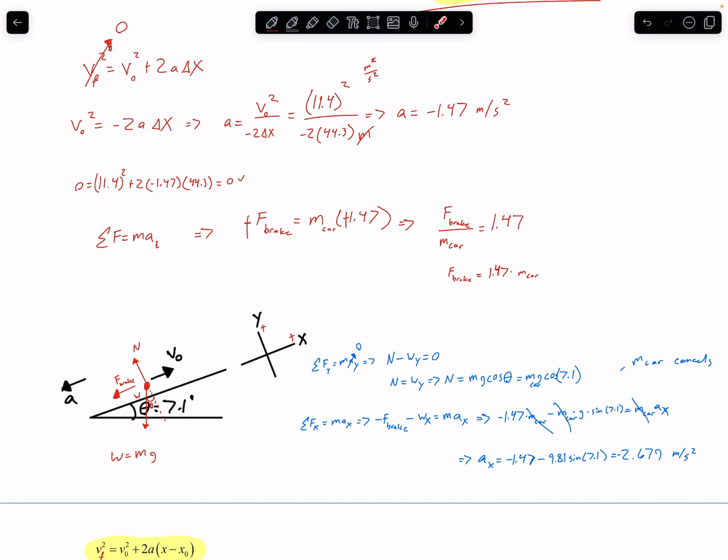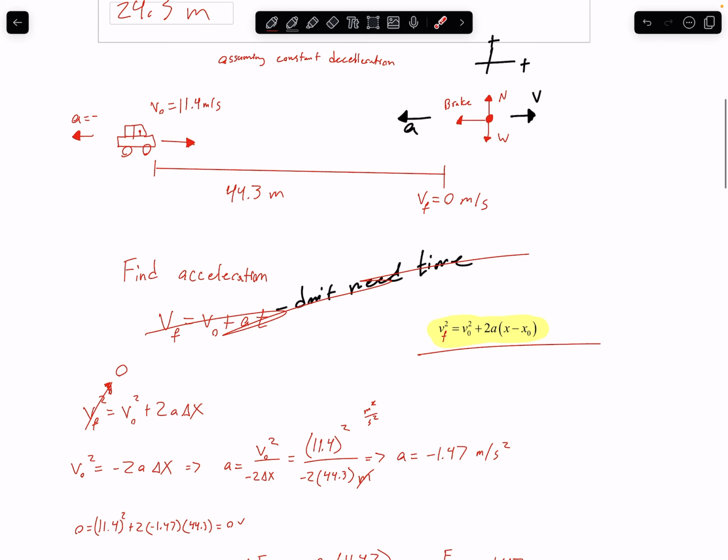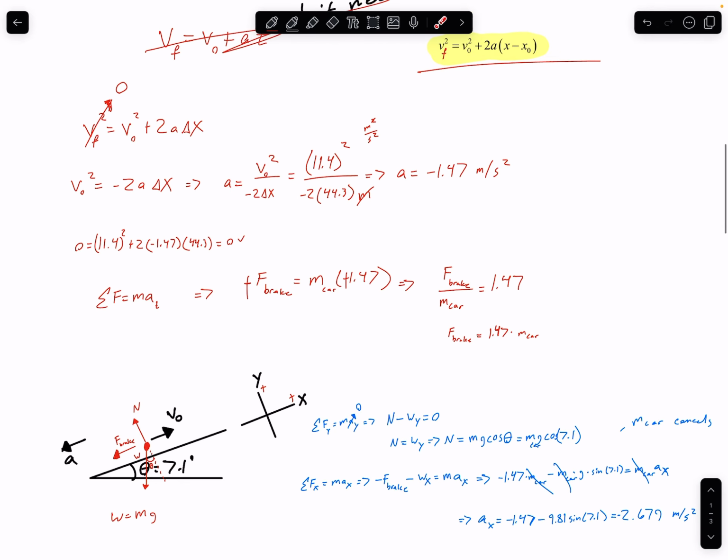Using our free body diagram, again, no acceleration in the y direction, so those go away, or we just don't need them. And then our one force in the x direction is just the braking force. We are not given a mass of the car, but that's okay, as you'll see later on.